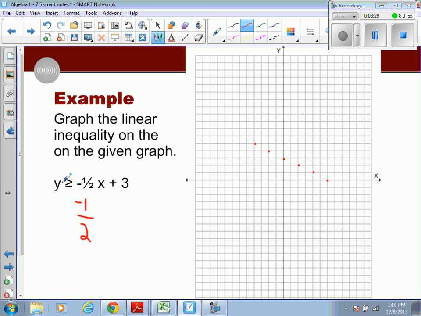Because this is now a greater than or equal to, I'm going to use my solid line tool and graph through my points. And then I will shade, in this case, it's greater than, so I will shade above the line.